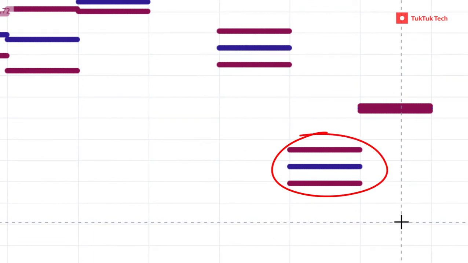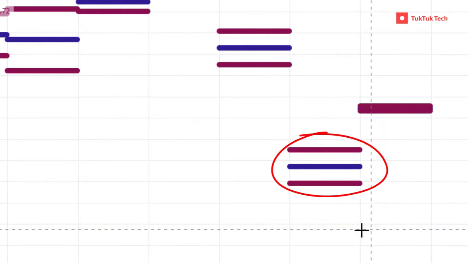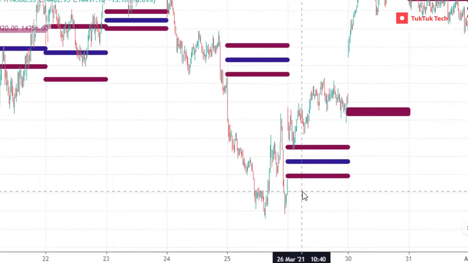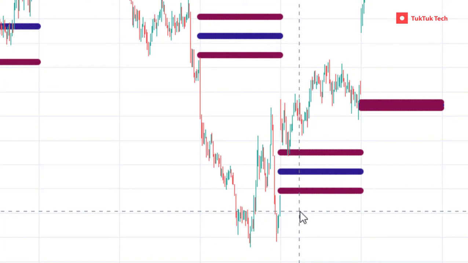On 26th March, on Nifty 50, again, lower value relationship was formed. Nifty 50 ended below the next day pivot range.